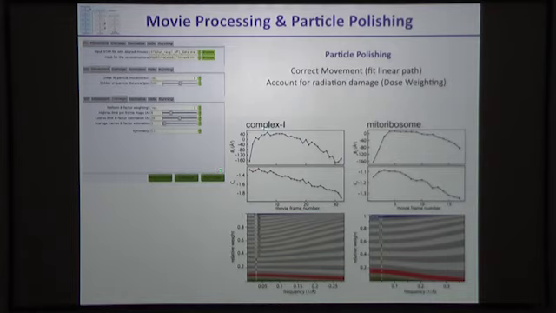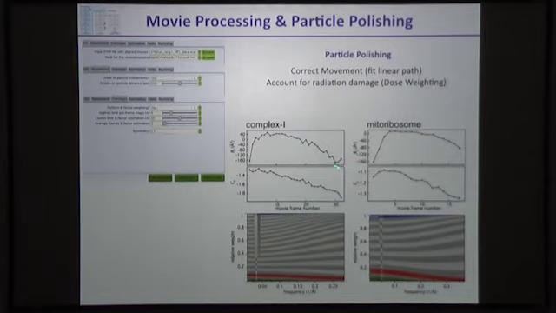And this is what you see here. You can see that at the beginning the B factor is quite high, probably because of the initial movement of the sample with the first electrons coming through the sample. Then it is a bit steady, and then it progressively goes down because of radiation damage.